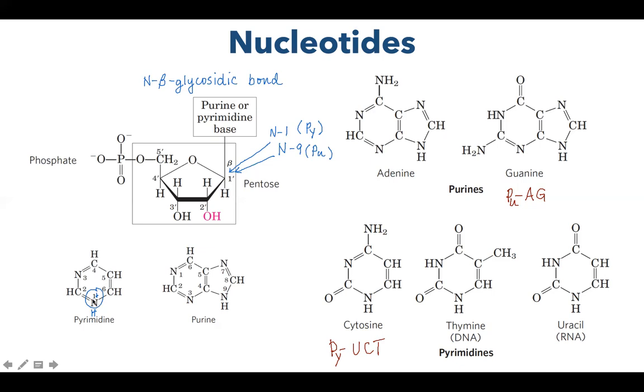And then this hydrogen, together with the hydroxyl group of this carbon of the ribose, are removed when this glycosidic bond is formed. In the same manner, you have one hydrogen from nitrogen 9 of your purine together with the hydroxyl group of 1' carbon in your ribose that are removed as water, forming the glycosidic bond. So again, it's a dehydration reaction.